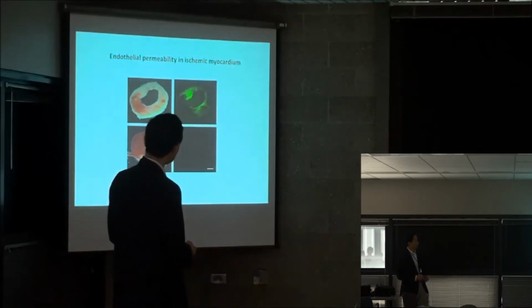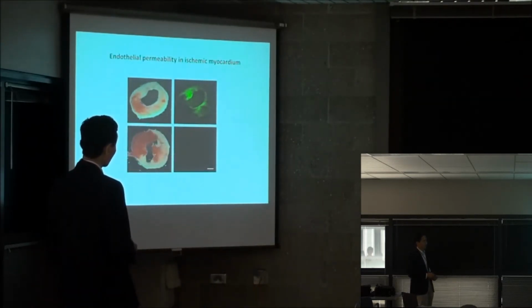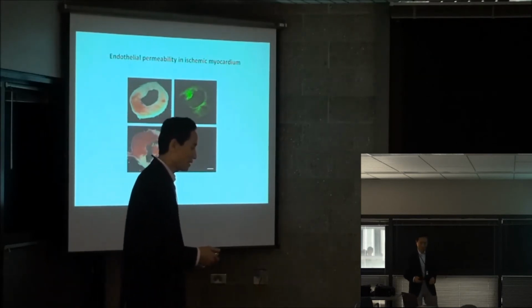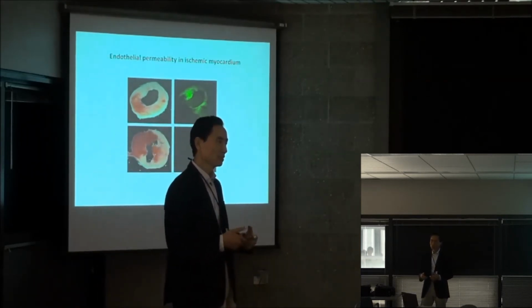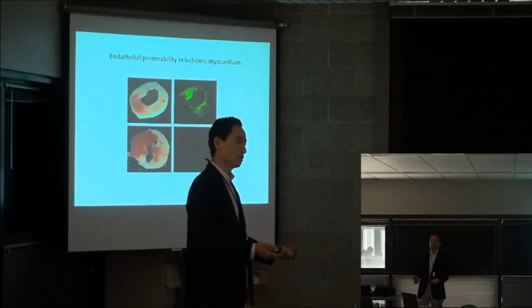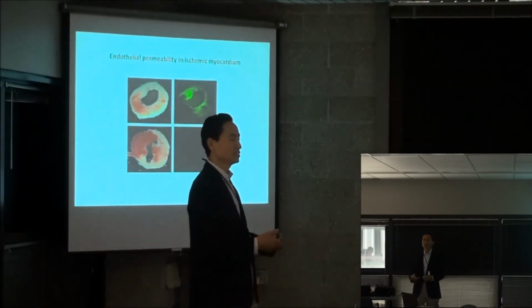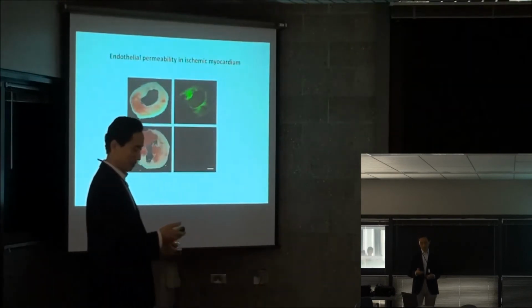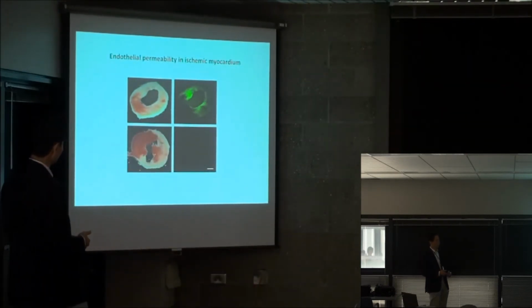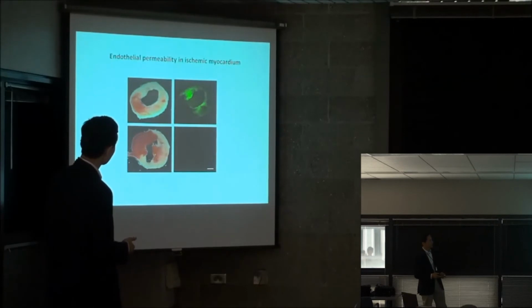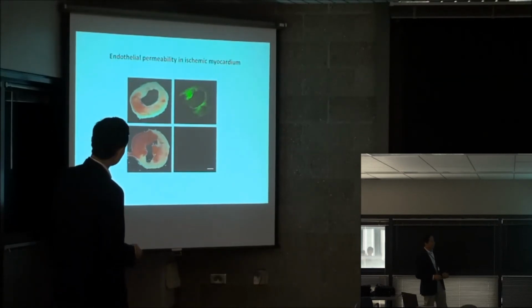But one thing we would like to do is, in myocardial infarction, you have to detect whether the protein you deliver can get to the heart. To cure a disease or protect cardiomyocytes from cardiac injury, you have to know if this protein is present at the injury site.